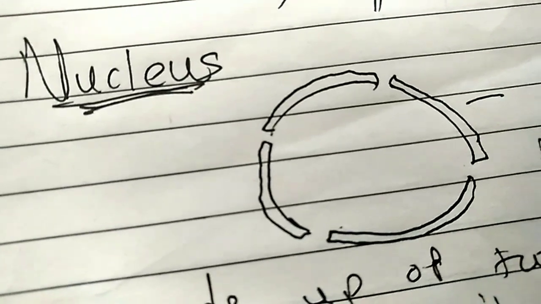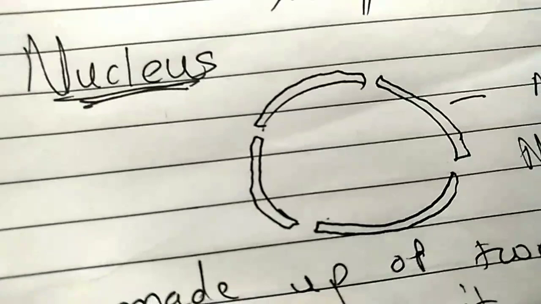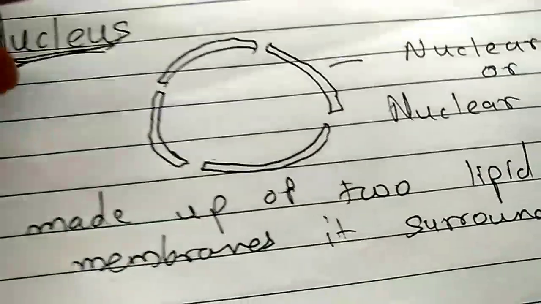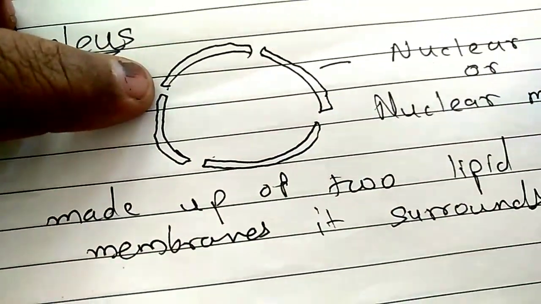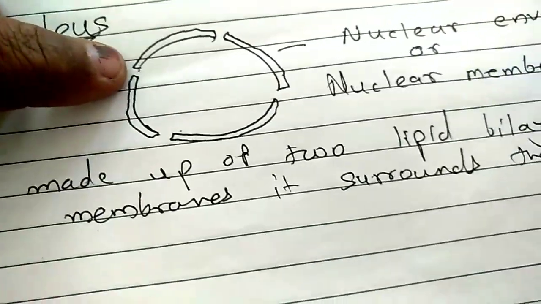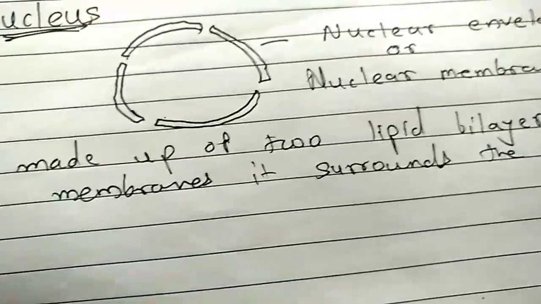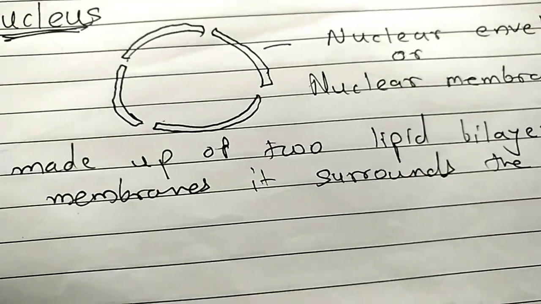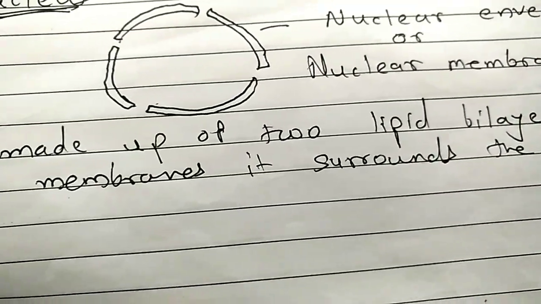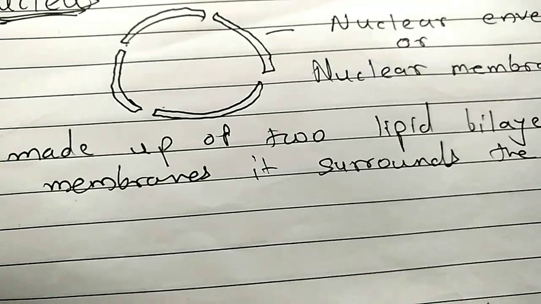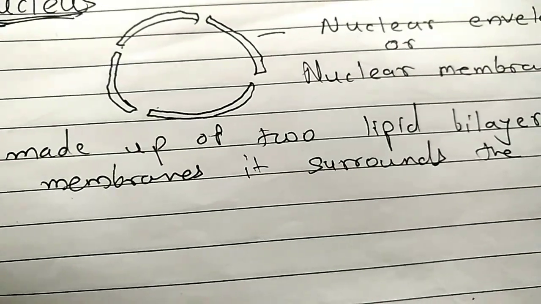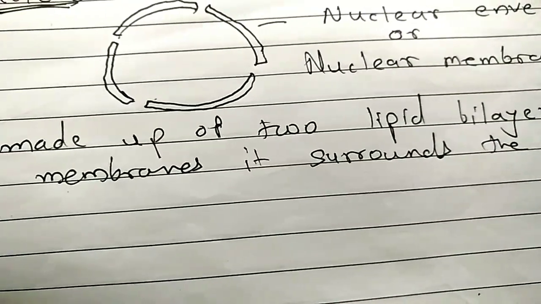It is divided into three components. The outermost covering of the nucleus is called the nuclear envelope or nuclear membrane. This nuclear membrane is made up of two layers, the outer layer and the inner layer, that is, two lipid bilayer membranes.